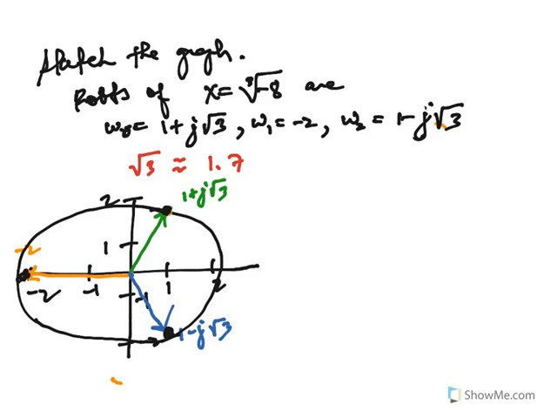Kasi di ba, remember, nung sinolve natin yan, yung polar form ng roots natin, lahat sila ay may modulus na 2. So the graph that describes the roots of x equals cube root of negative 8 is a circle whose radius is 2.